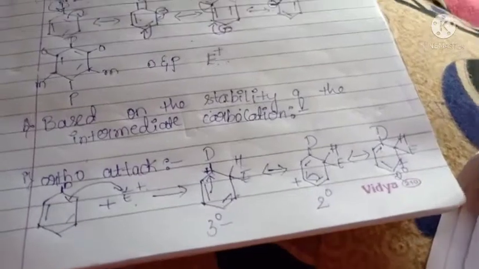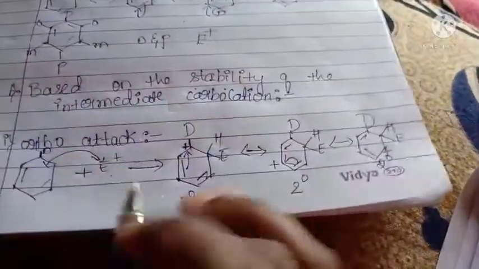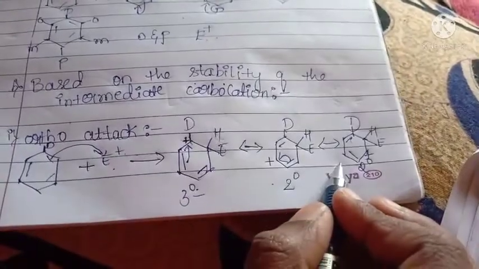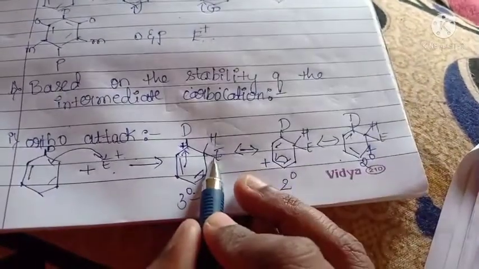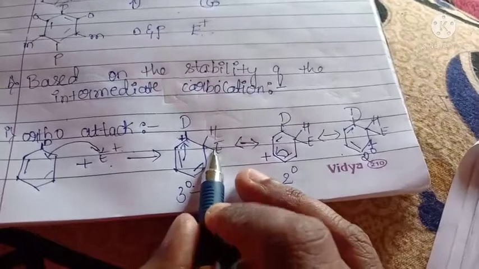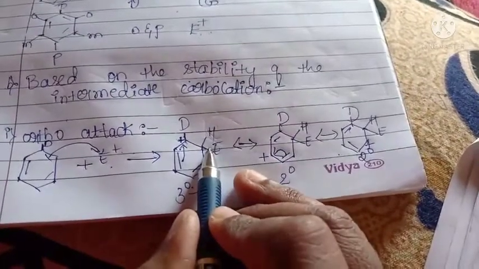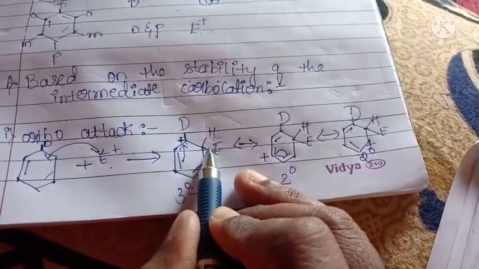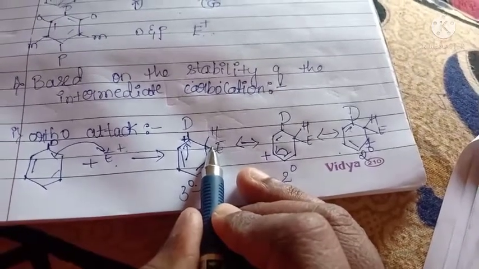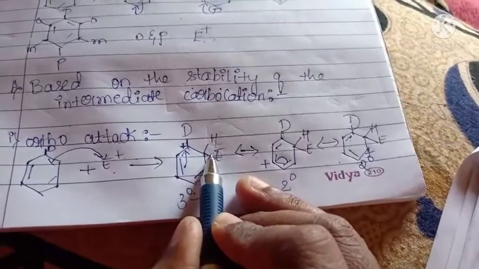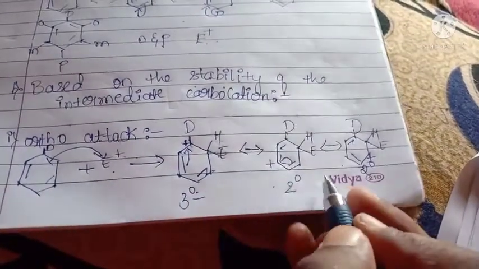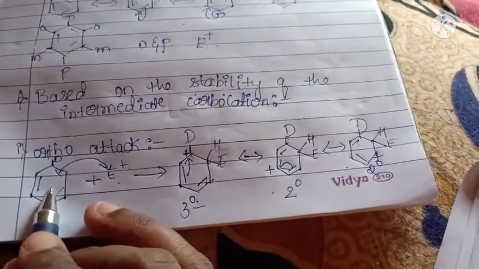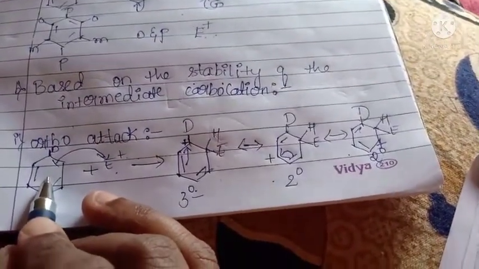Here this is the tertiary carbocation, and these two are secondary carbocations. This electrophile is substituting at the ortho position. Here I am talking about only the ortho position, not para and meta. So these are the possibilities of carbocation in the ortho position of electrophile substitution.